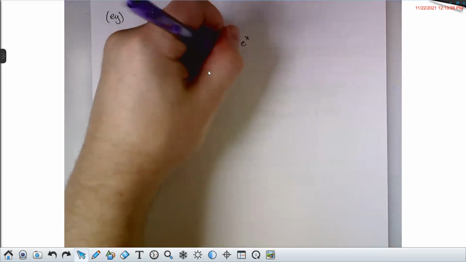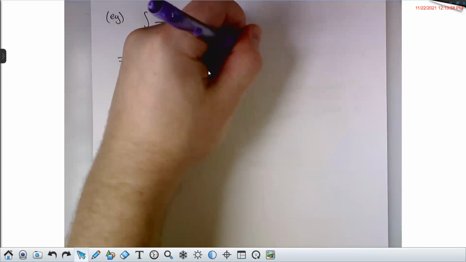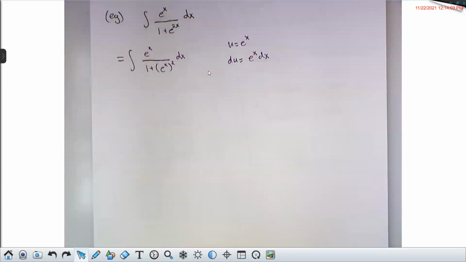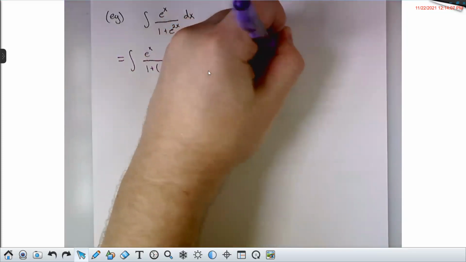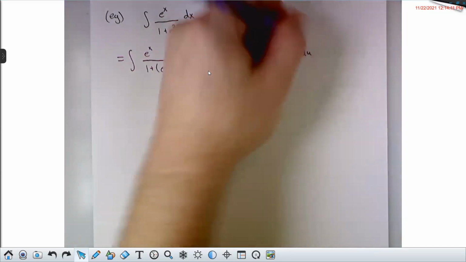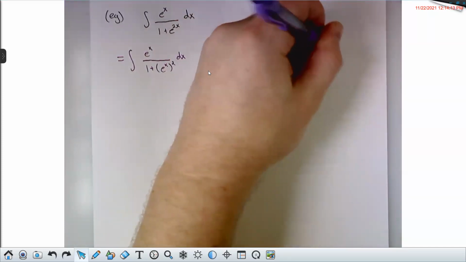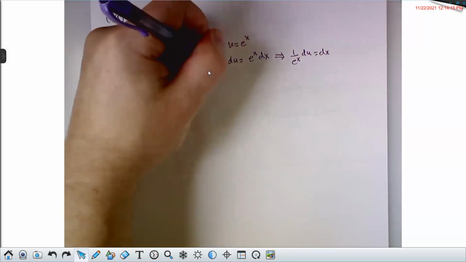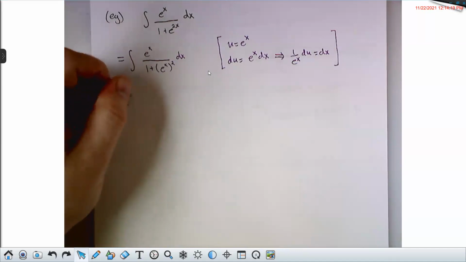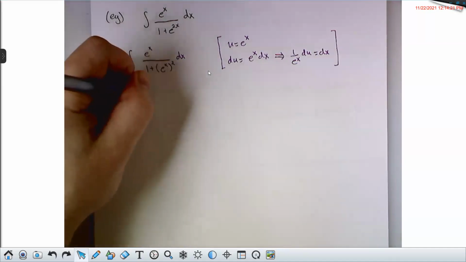And then du will be e to the x dx, because the derivative of e to the x is e to the x, which means that 1 over e to the x du is equal to dx. So that e to the x upstairs will cancel. I'll write it out.